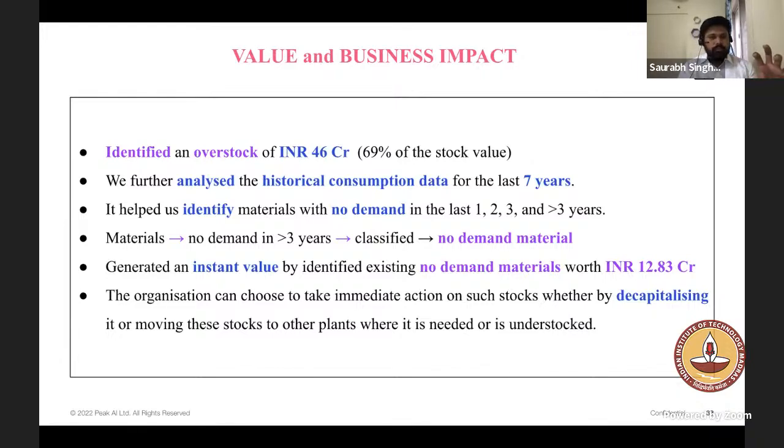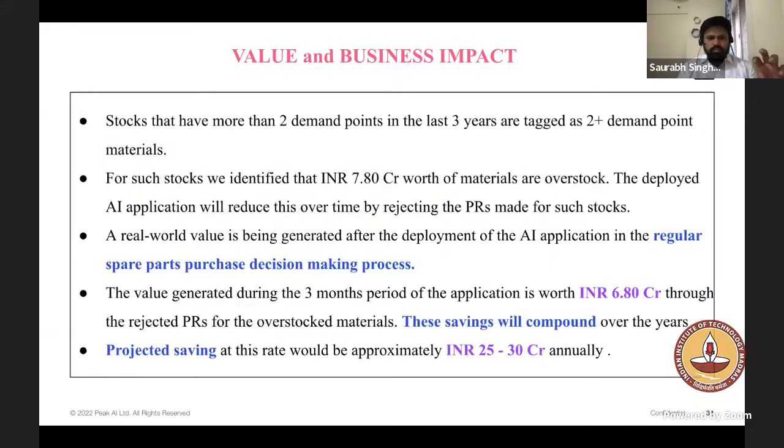As I said, we have also suggested what should be the minimum amount of spares they need to keep, what should be the maximum amount, and what is the recommended order quantity. With this information, we started helping them in their purchase decisions.